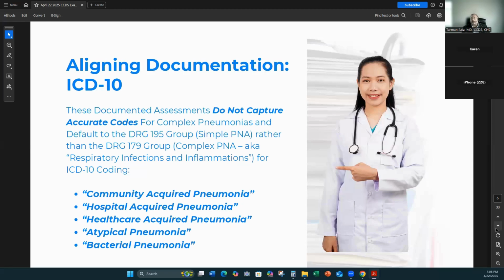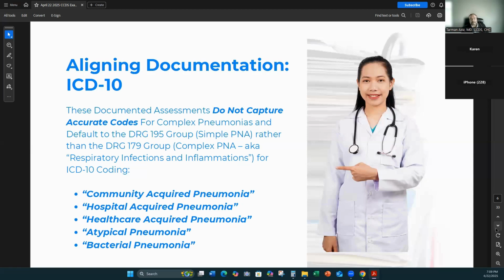So we'd rather not be in MS-DRGs 193 to 195 for the simple pneumonias, if in the end the principal diagnosis or PDX is actually one of the more complicated pneumonias that should take us to the DRG 177 to 179 group, which are officially known as the respiratory infections and inflammations. You can think of them as complex pneumonias if you don't already know that for those DRGs.